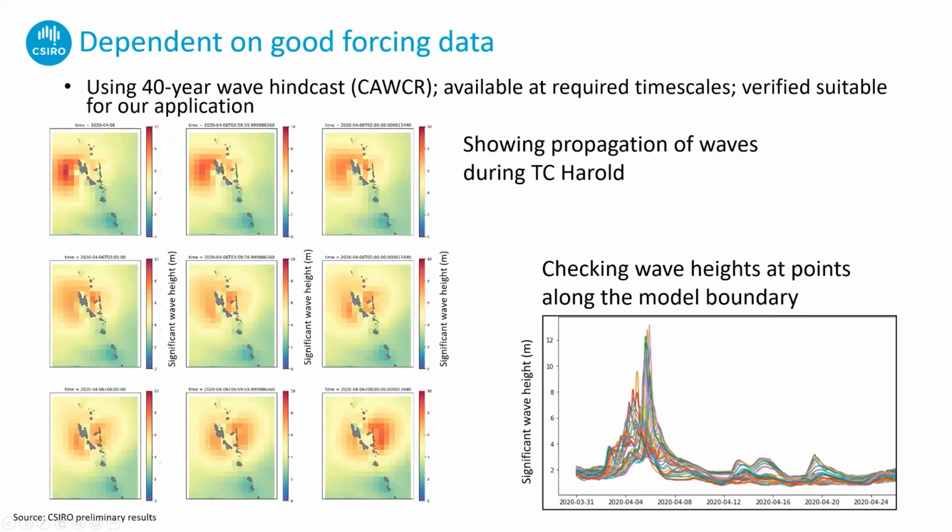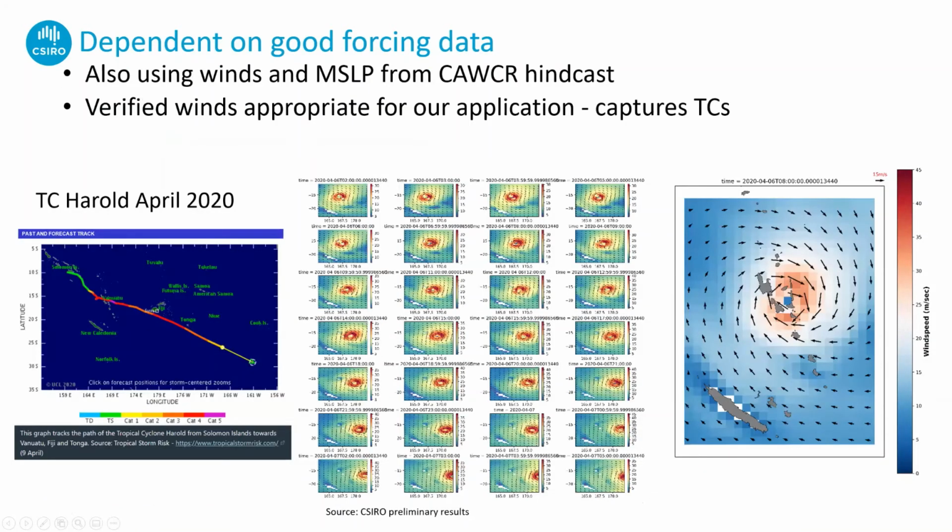The other thing it needs is good forcing data for winds and mean sea level pressure. And that's also coming from the hindcast. This just shows the track of Harold through Vanuatu. These middle panels are verifying that we're picking up the tropical cyclone in terms of the appropriate wind speeds and getting the wind directions correct.